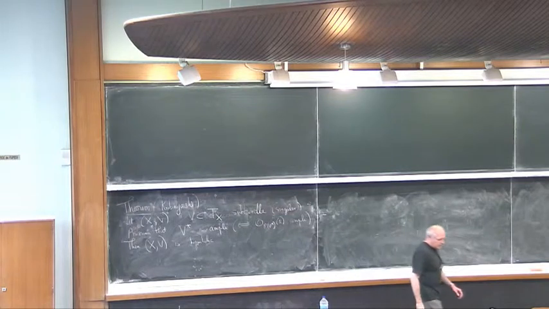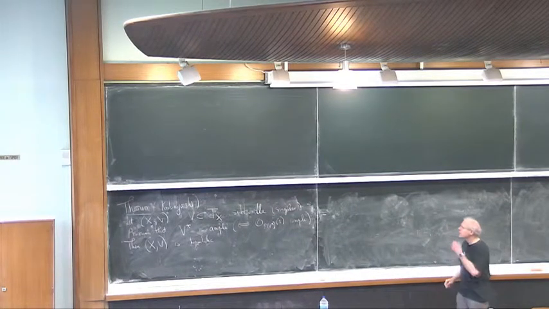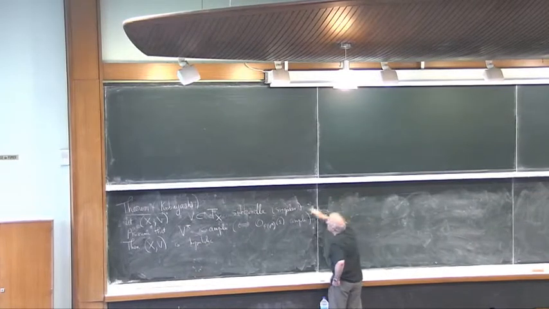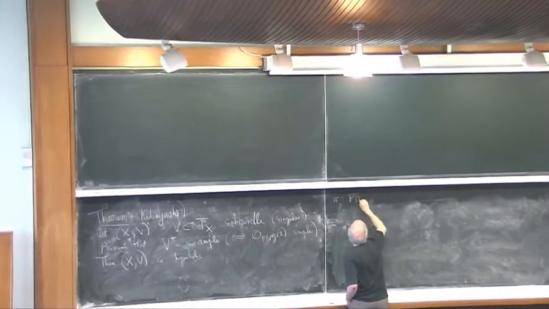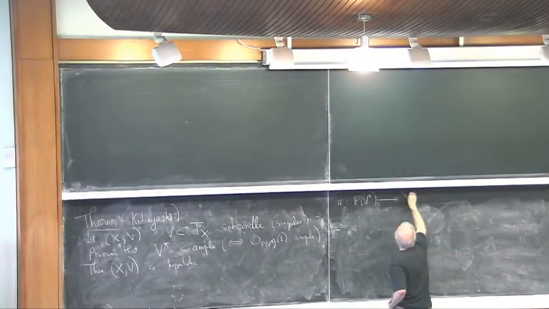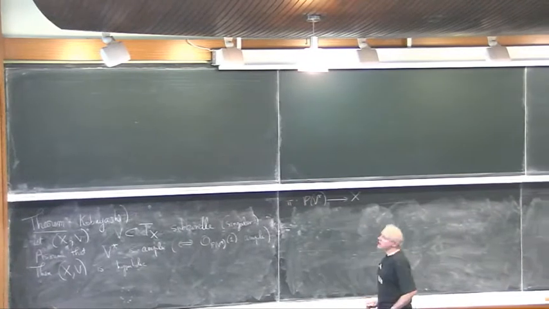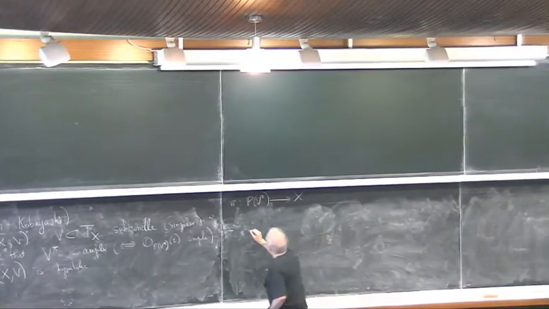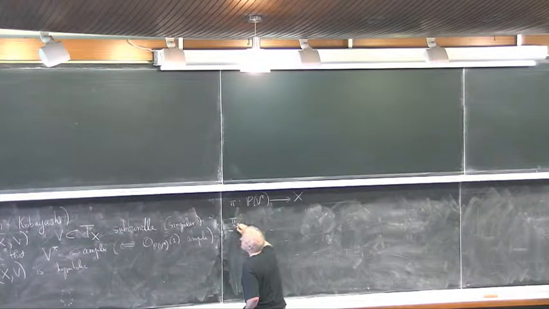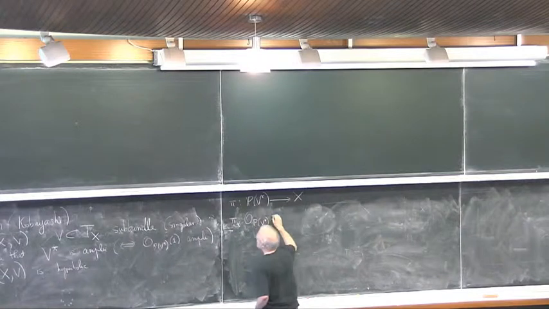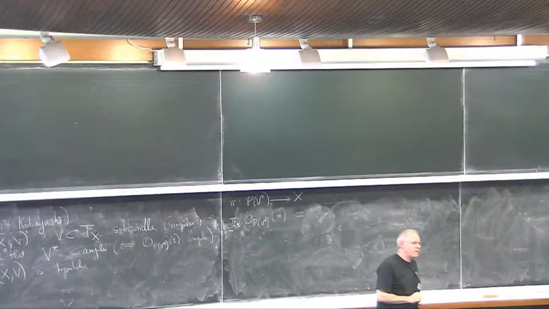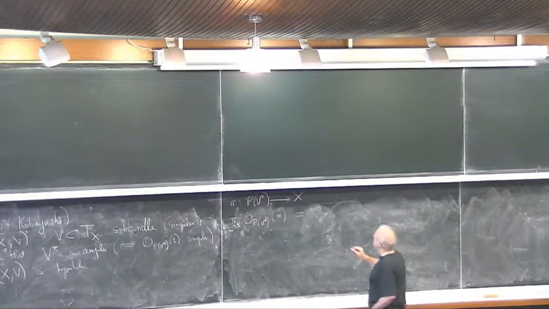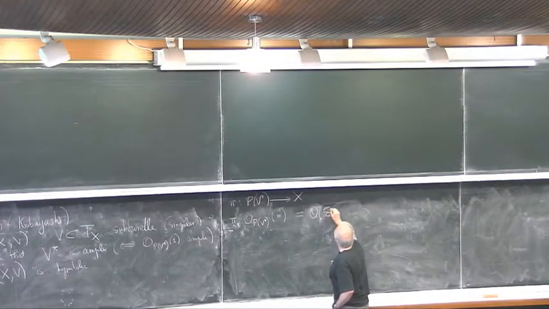So what's the proof? Well, you are looking at the projection on X, and then the direct image precisely consists of the sections of the m-th symmetric power of V star.